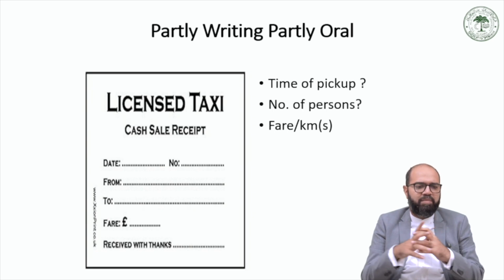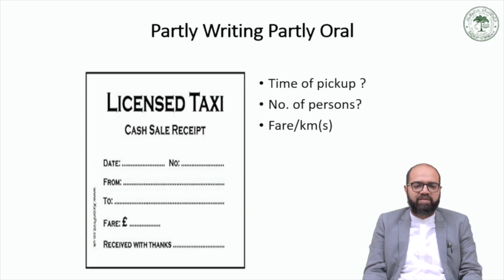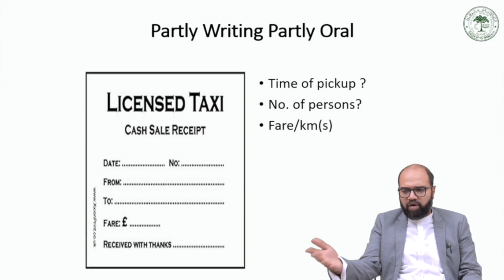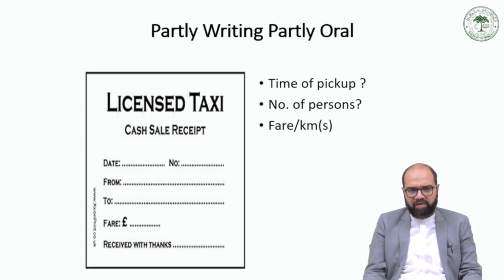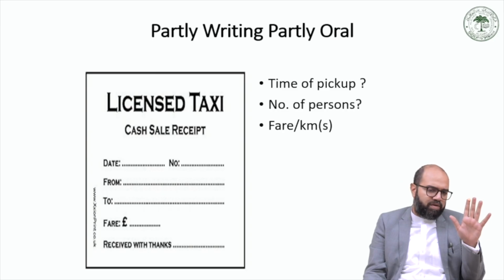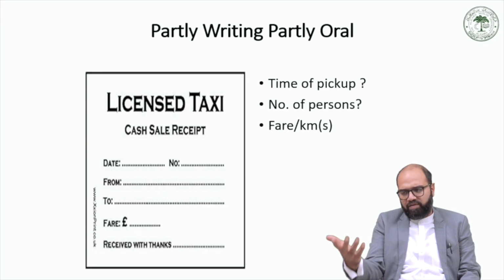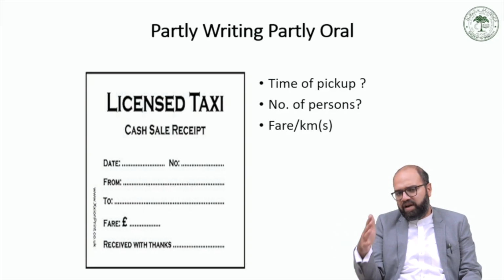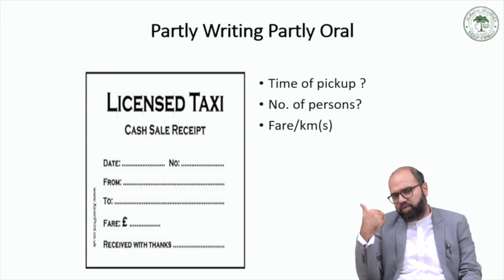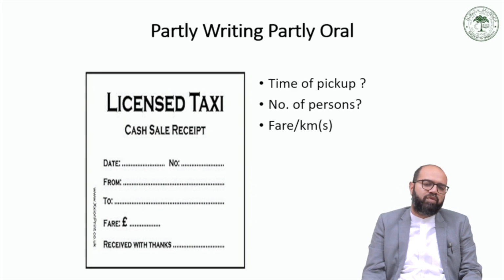But then there might be certain other aspects, for example, when the book has to be picked up, on what date you want the delivery of the book, and so on and so forth. So there are certain aspects of this contract of sale of a book which have been put into writing, as evident from the book or the receipt, and there are certain things which have to be communicated orally. So it has elements of both a written contract as well as an oral contract.